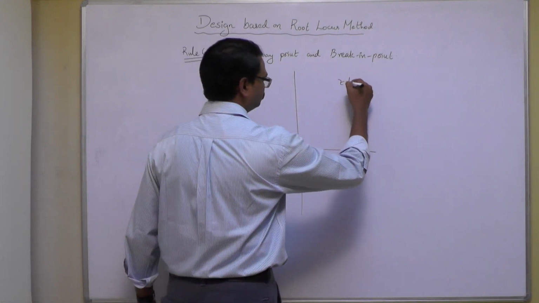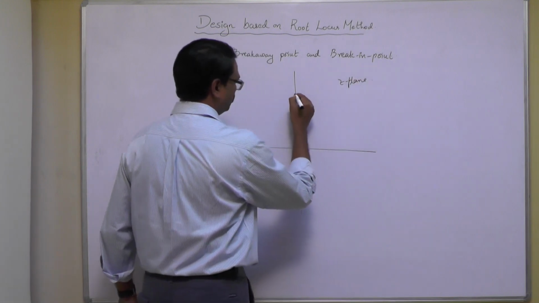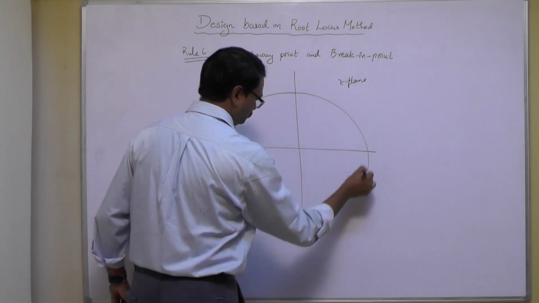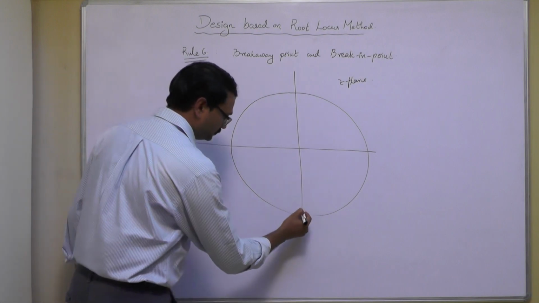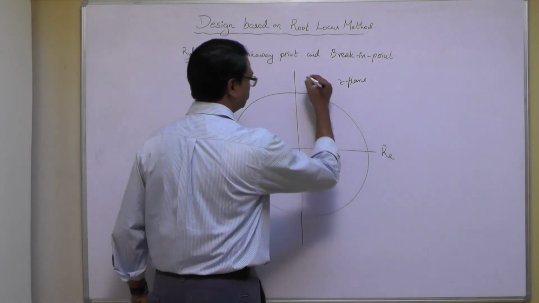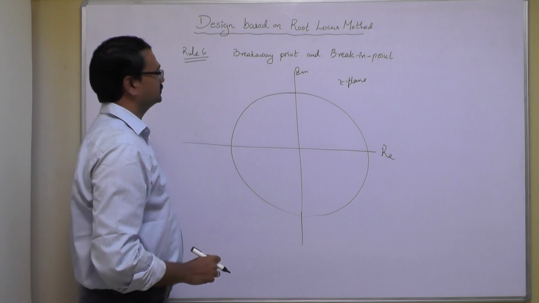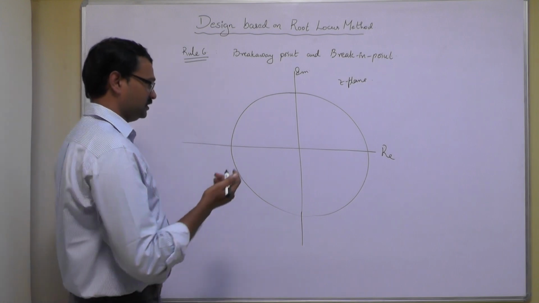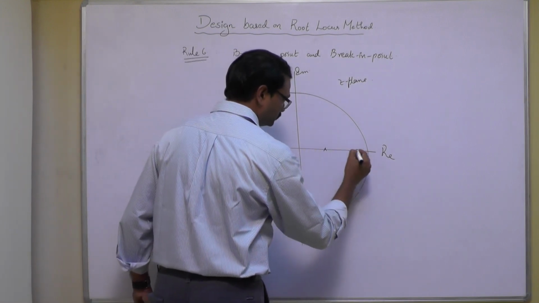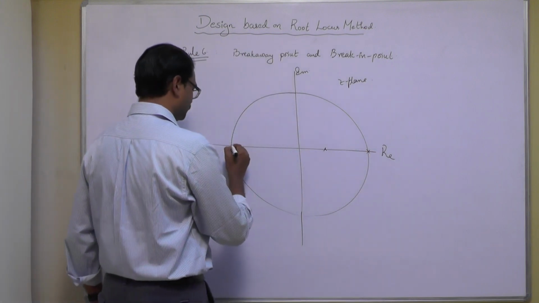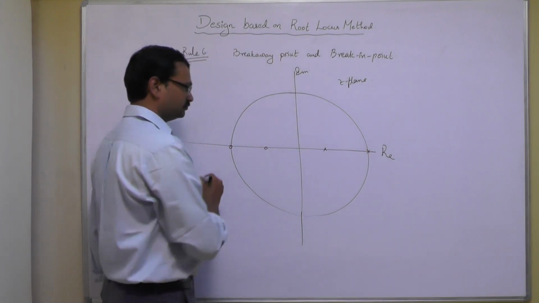This is a plane, the unit circle, the real axis and the imaginary axis which we have. For example, let us say we are having some poles, 2 poles here and 2 zeros here.